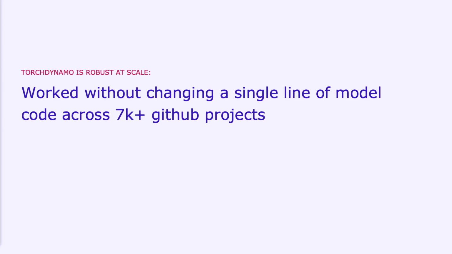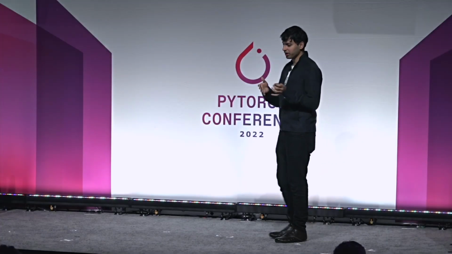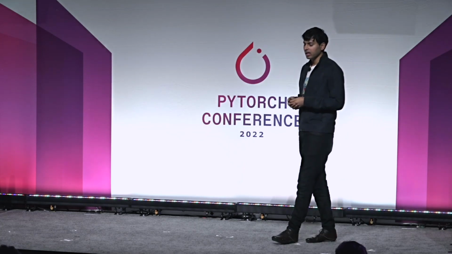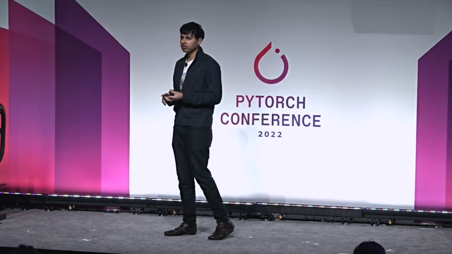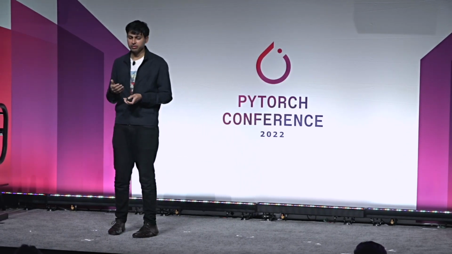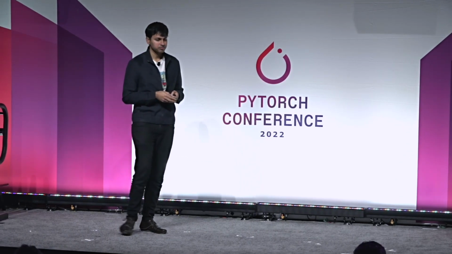So we've been validating it, and we scraped a bunch of GitHub projects, and then we ran Dynamo with them, and these are PyTorch projects. And Dynamo just works 99% of the time on acquiring the graph correctly across these 7,000 plus projects we scraped. And as of today, it supports 3.8, 3.9, and 3.10 of Python, and 3.11 support will come soon.